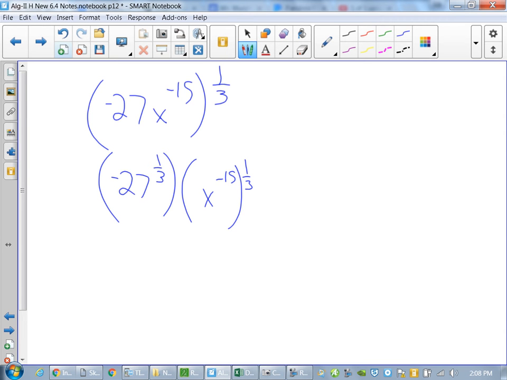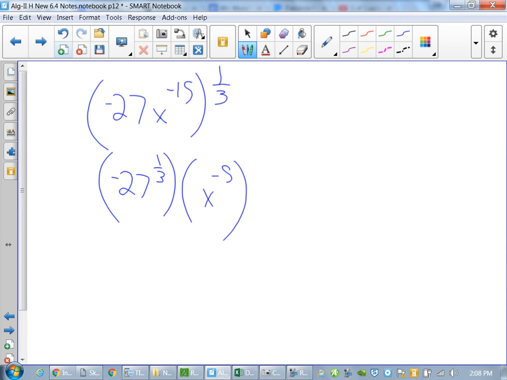When you raise exponents to another exponent, what are you doing to them? You're multiplying them. Thank you for paying attention. So what is negative 15 times 1/3? You get negative 5. So is everybody okay if I just erase this real quick and write it as x to the negative 5? Okay.